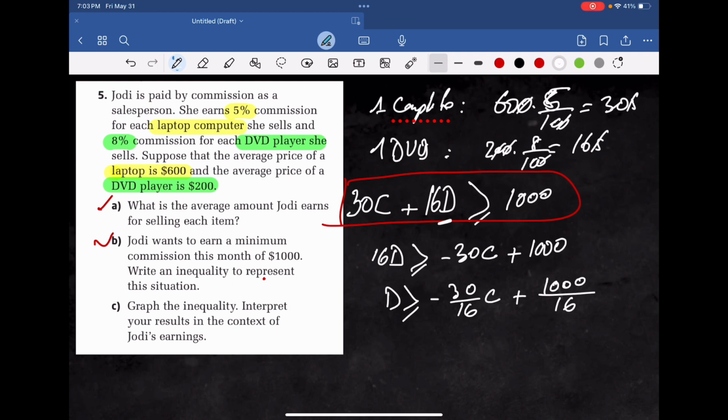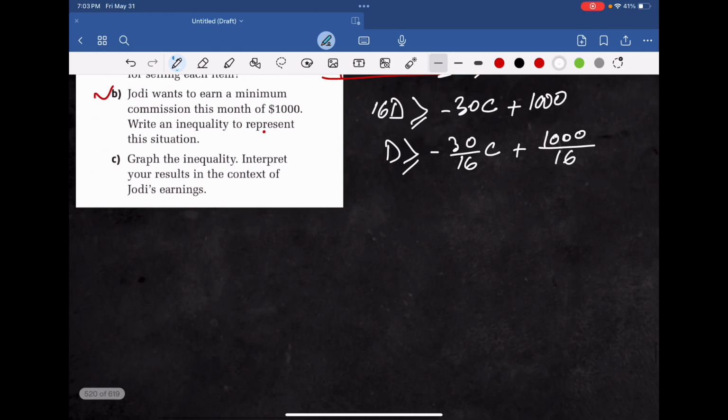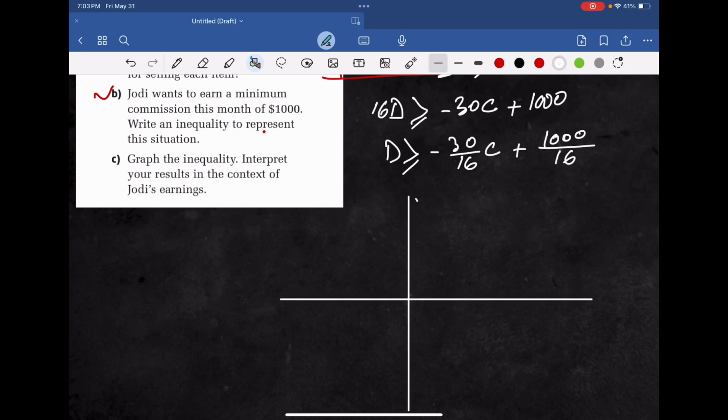This is what we need to graph. To graph this, you just graph your x and y. If x equals 0, y will be how much?